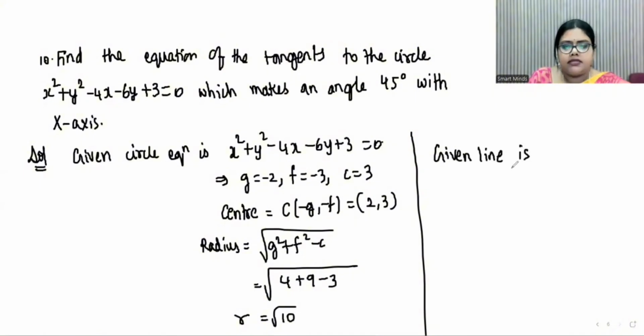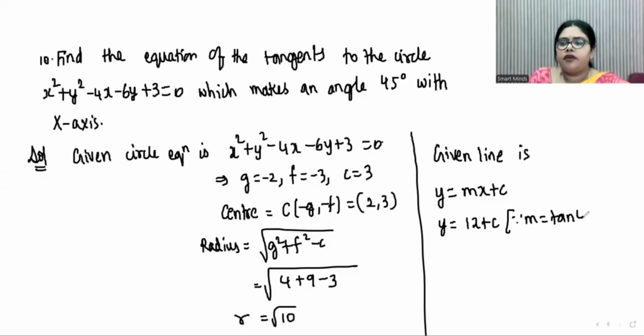Given line is y is equal to mx plus c. So here the angle is 45 given. So we take y is equal to 1x plus c, since m is equal to tan 45, which is equal to 1. So we get y is equal to x plus c.